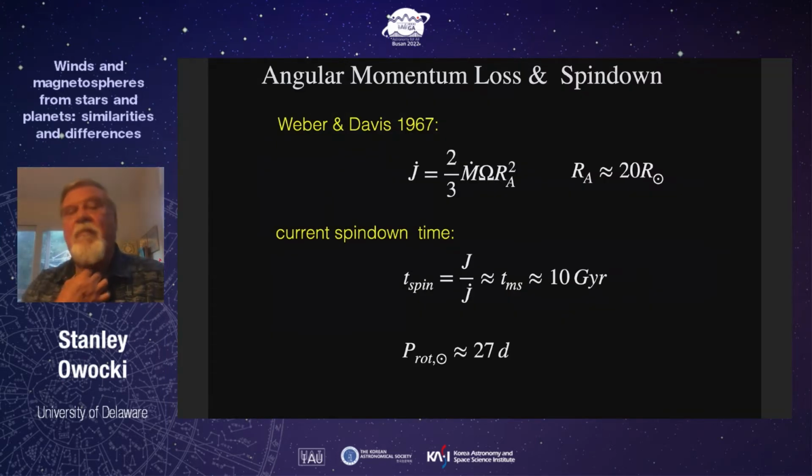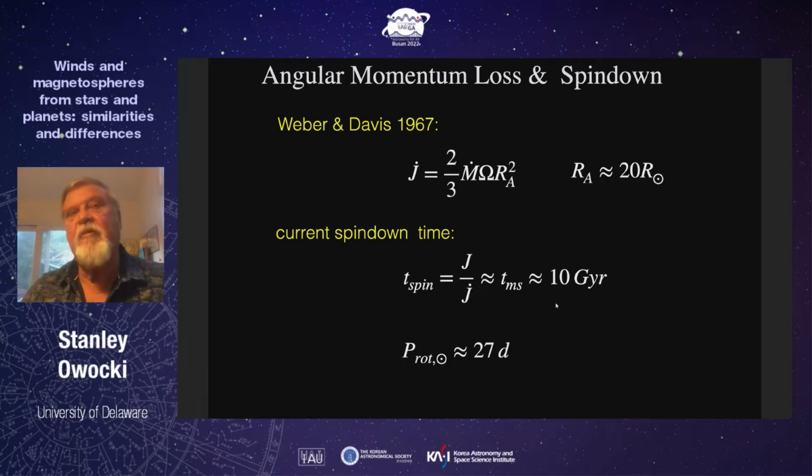Okay, so now where do we stand? The point is that the solar wind is very puny in terms of the amount of mass loss. But it turns out it's not negligible in terms of how much angular momentum can be transported, because the magnetic field of the sun can extend its influence to very far away.